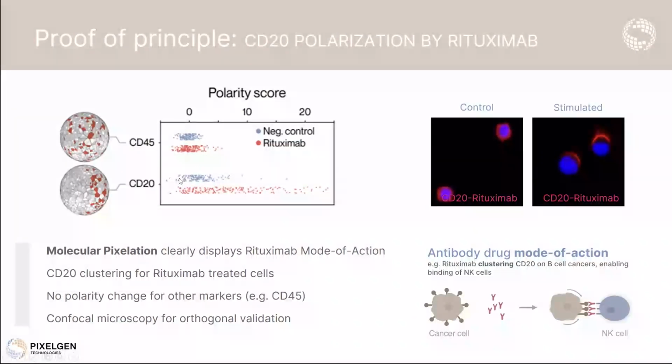But once treated with rituximab, you can see how the entire population of cells are actually increasing their polarity for CD20. And of course, we have heterogeneity when we're working with cells, but you can see how they're all increasing their polarity score for CD20 and clustering to one end, whereas CD45 is still centered around 0.